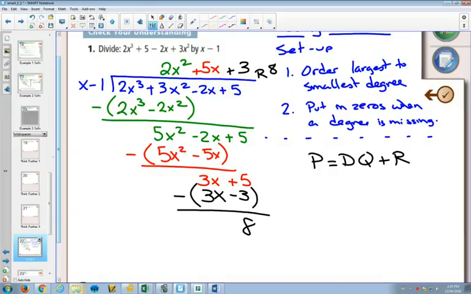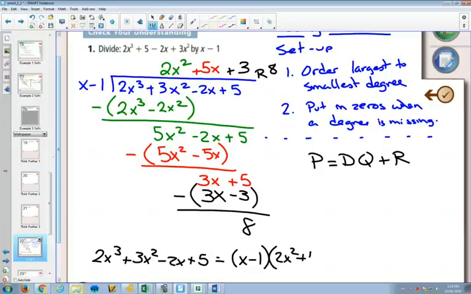So your quotient is the answer that you get, and then there's a remainder in the end. So our polynomial here would have been 2x cubed plus 3x squared minus 2x plus 5. It supposedly equals, our divisor is x minus 1, times the quotient, or the answer that we got, 2x squared plus 5x plus 3. And then our remainder was another plus 8.